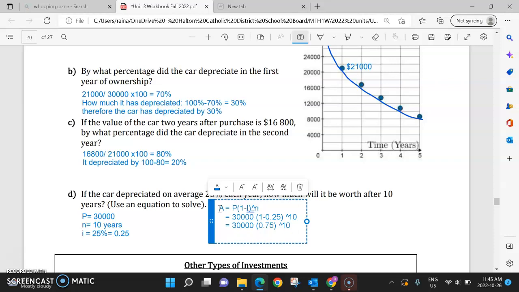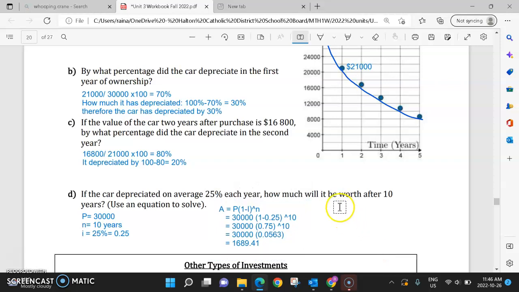Remember, we're using BEDMAS, so solve what's in brackets first. Then we're going to solve our exponent. So we're going to do 0.75 to the power of 10, which is 0.0563. And then you want to multiply that out, and that's going to give you 1,689.41. Okay?